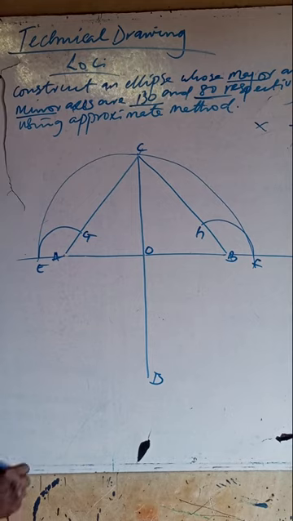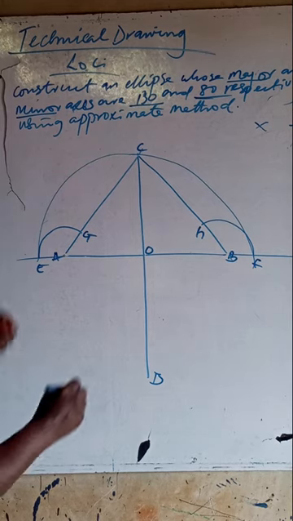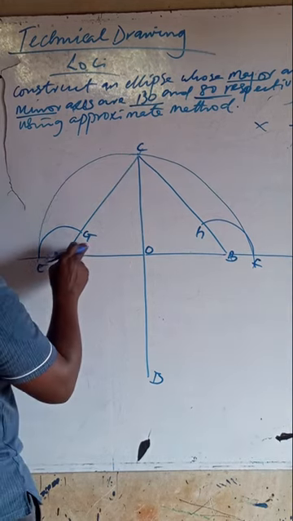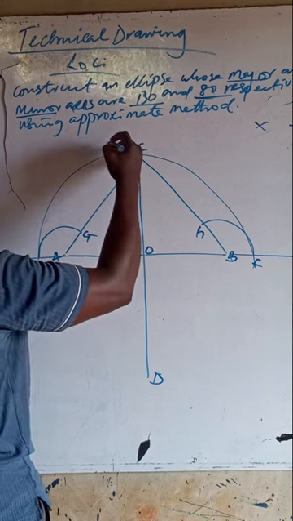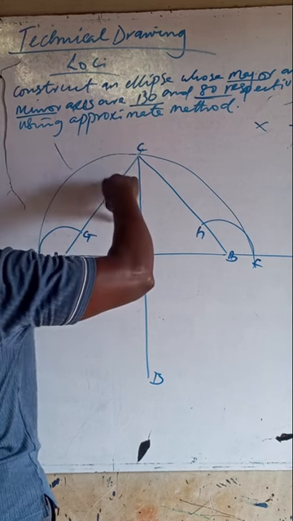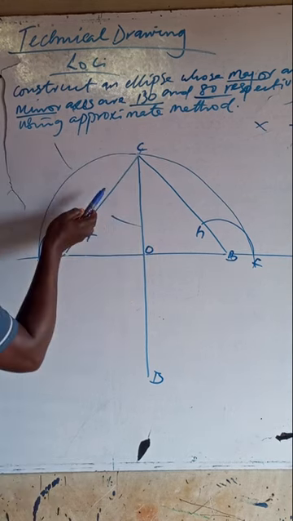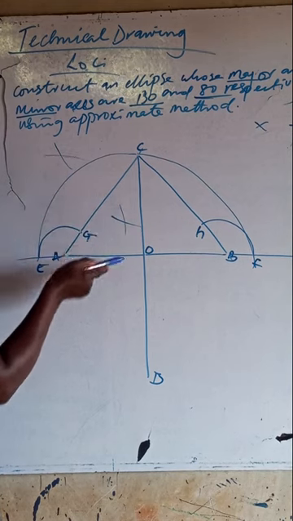After you have obtained that, the next thing you're going to do is to bisect CG. You bisect line CG. You stay here, you mark arcs here and here. And you stay on G, you mark arcs here and here.